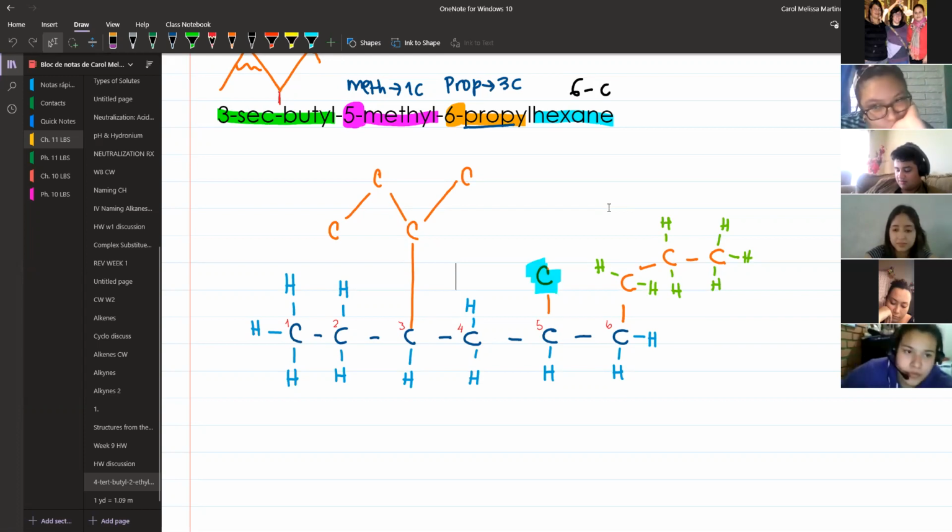Okay, for methyl, how many hydrogens I need to put? 3. 1, 2, 3, hydrogen, hydrogen. And now we work with sec-butyl. For this carbon, I call it the conflict carbon because it has more bonds than the rest.